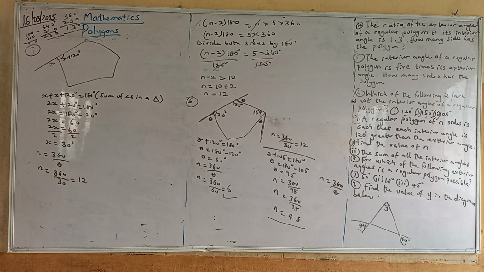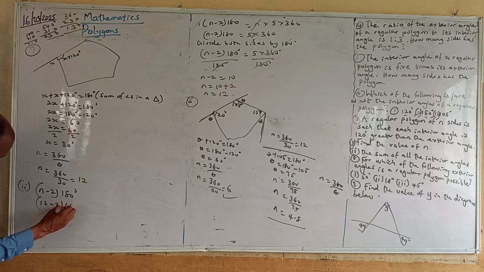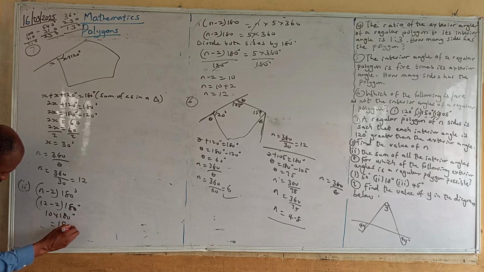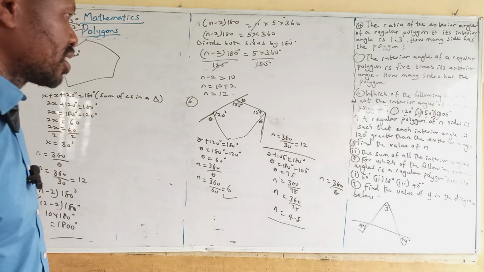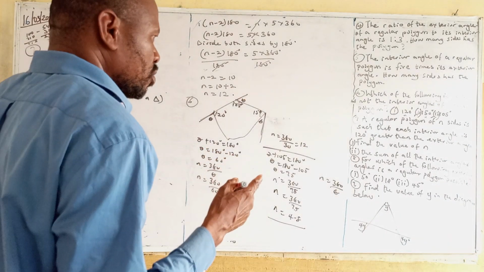Then the sum of all the interior angles is (n minus 2) times 180 degrees. So (12 minus 2) times 180 degrees, so 10 times 180 degrees, and that will be 1800 degrees.